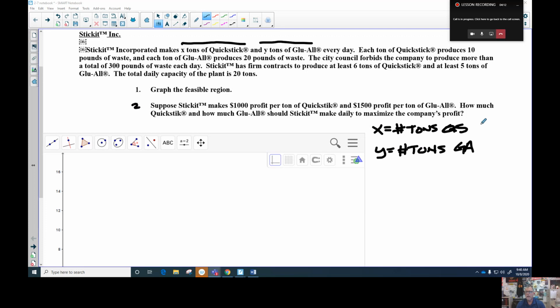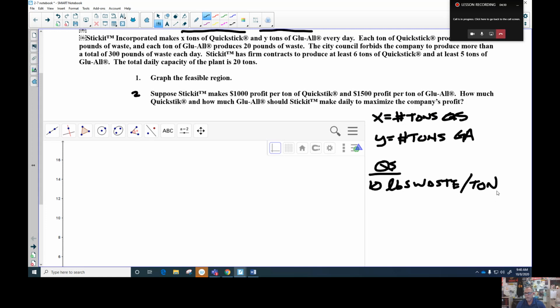So for Quick Stick, you get 10 pounds of waste per ton. And for Glue All, you get 20 pounds of waste. So I'm going to go down here and say for Glue All, you get 20 pounds of waste per ton.